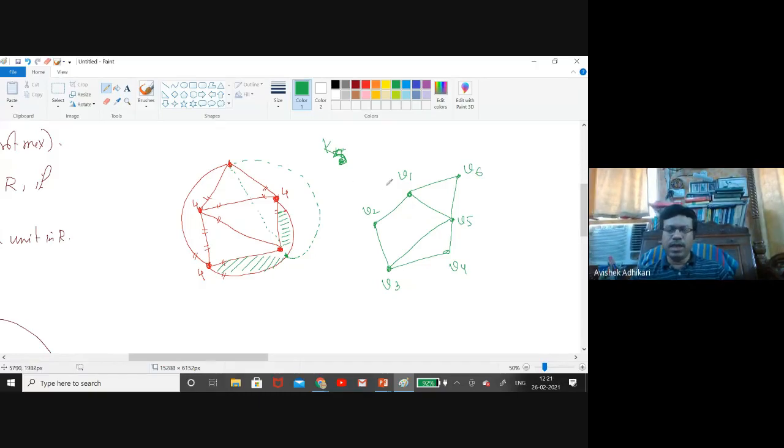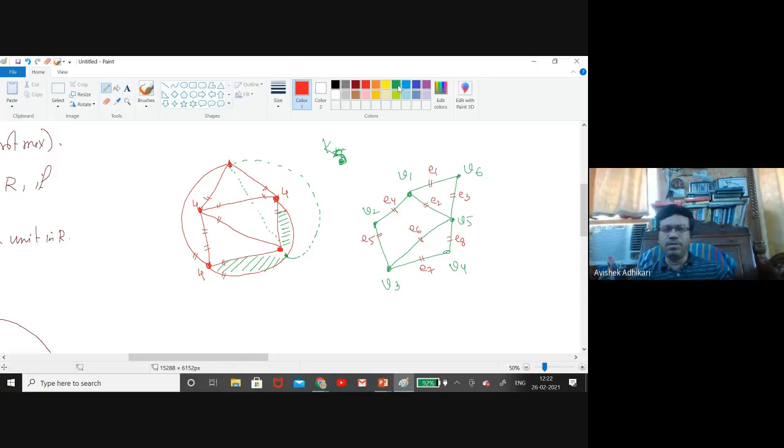And how many edges are there? This is E1, say this is E2, E3, E4, E5, E6, E7, E8. I think there are 8 edges, right? Okay, all the edges are exhausted.